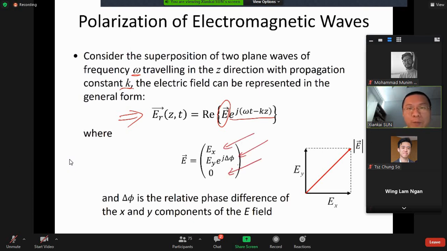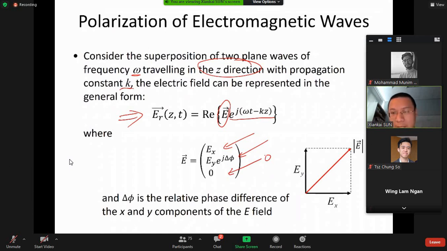Now since this wave propagates along the z direction, this must be zero. This must be zero because EM wave is a transverse wave. So the z component must be zero. So there are only x and y components.